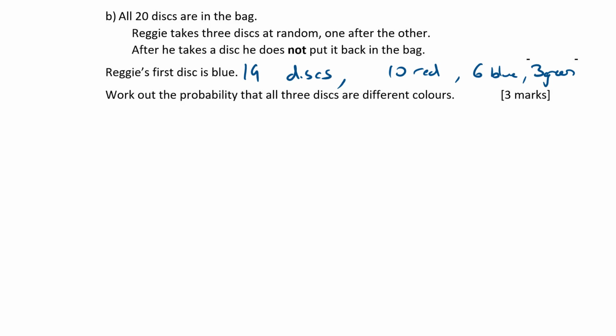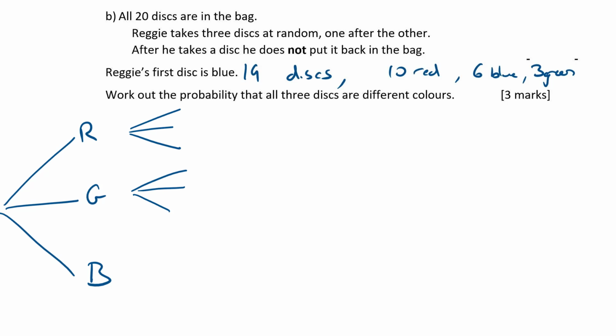So for my second selection, I'm interested in the probability that all 3 discs are different colours. So in other words, it doesn't pick blue again, I suppose. So what could happen? I could pick red or green or blue on the second selection, and then on my third selection I could pick red or green or blue, in each case.